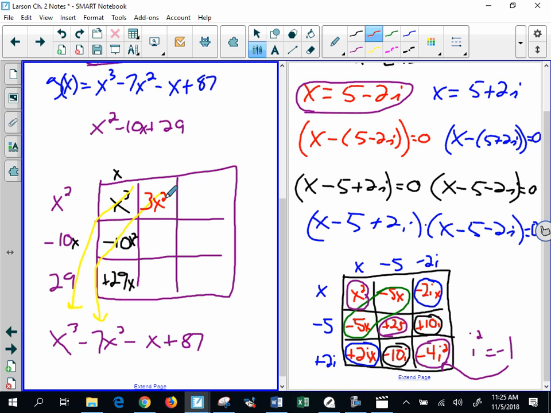And now I can get going again. So, oh, look, maybe I don't need the box. I might get this done earlier than I thought. So if this is x squared, and that's 3x squared, my area has to be 3x squared, so this top is going to have to be a 3, which makes this a minus 30x.